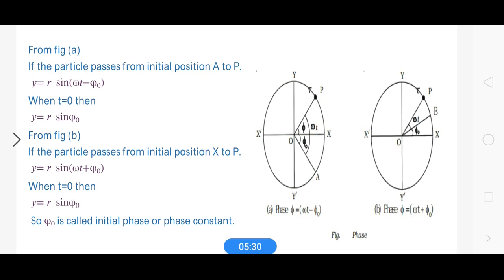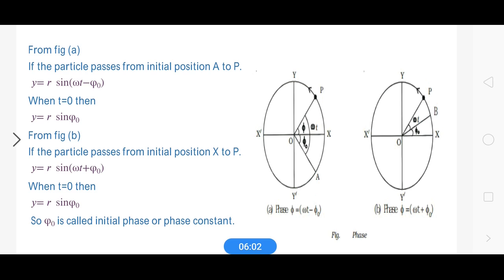Now, if the particle passes from the position A to P, then y is equal to r sin omega t minus phi naught. Omega t minus phi naught means the particle is at P with respect to the x-axis, and the angular displacement is phi.